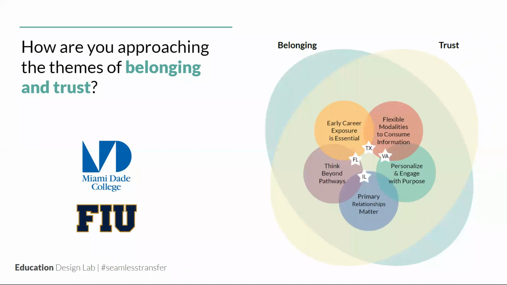But also, and this really gets to the belonging, peer-to-peer engagement, leveraging FIU students that have made the transfer and understand that there will be those navigational challenges, and getting them engaged with our students at Miami-Dade College early on and throughout their enrollment at Miami-Dade College. And so with that, I'll pass it over to Janie to add on.